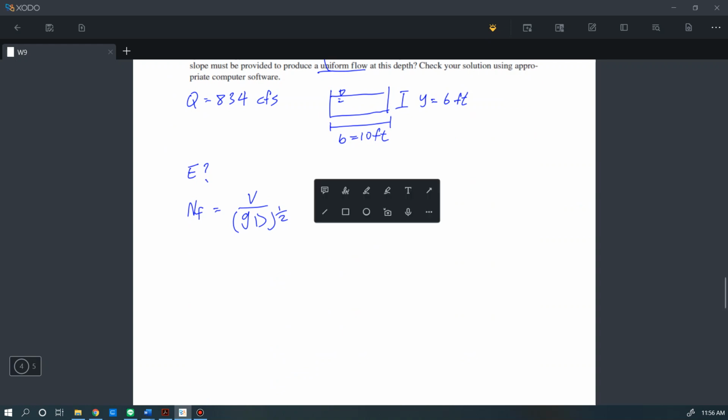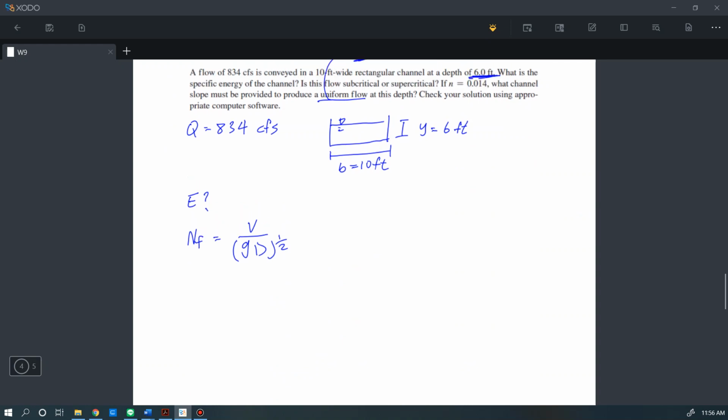V is equal to Q divided by the area, and the area is B times Y, so we have all the values we need to calculate the velocity. We just plug in the values, and we get a velocity of 13.9 feet per second.